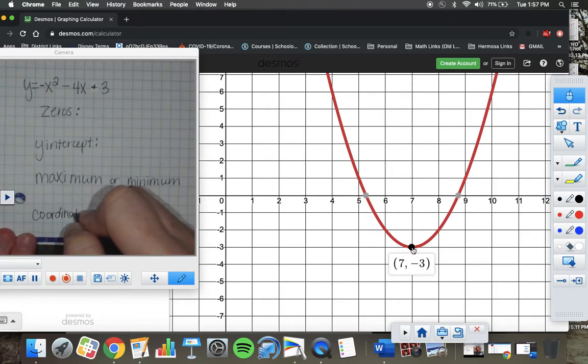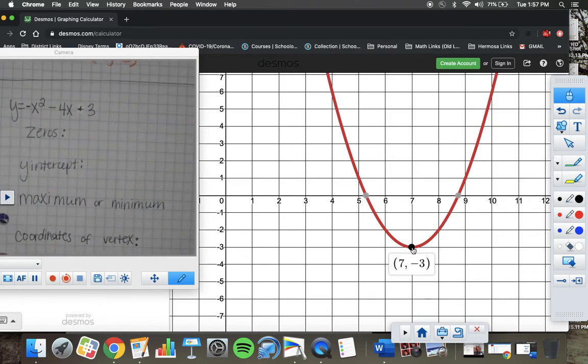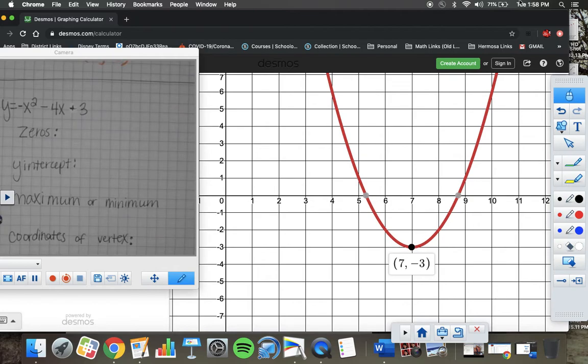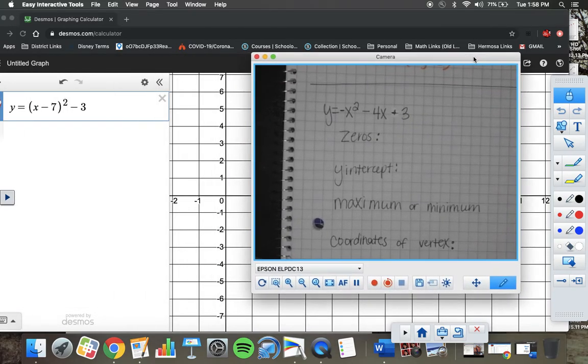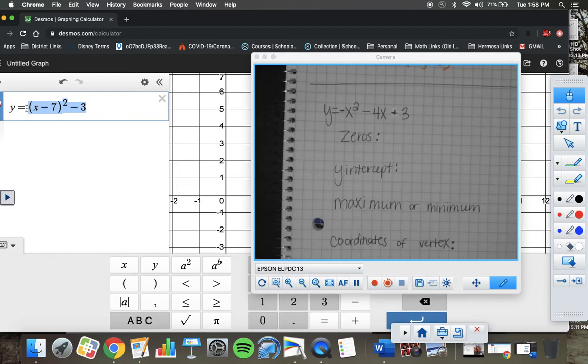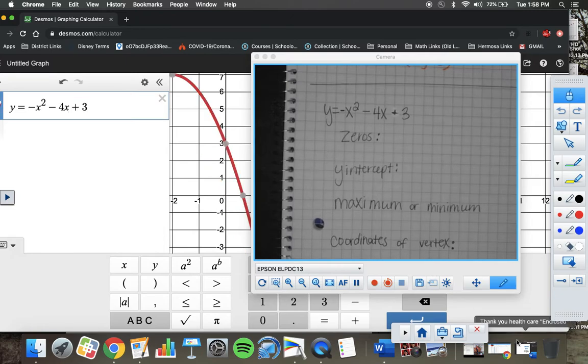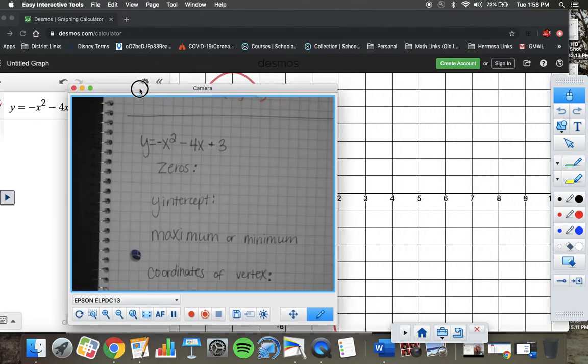I just made up that problem, so hopefully it works, but we'll see in just a second. Okay, so we have zeros, y-intercept, maximum, minimum, coordinates of the vertex. So I'm going to go over into Desmos and type this out. I'm going to hit negative x, squared, minus 4, plus 4x plus 3.